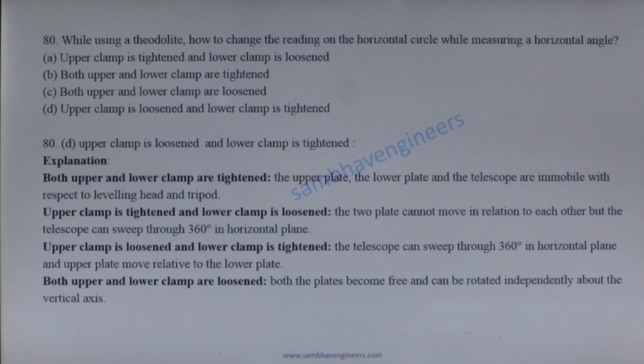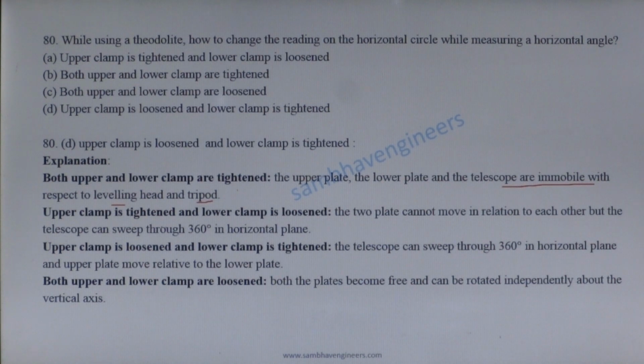Next question. While using a theodolite, how to change the reading on the horizontal circle while measuring a horizontal angle? In the adjustment of theodolite, if both upper and lower clamp are tightened, then the telescope is immobile with respect to the leveling head and tripod, meaning there is no movement of the telescope.